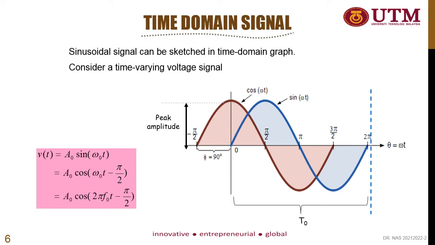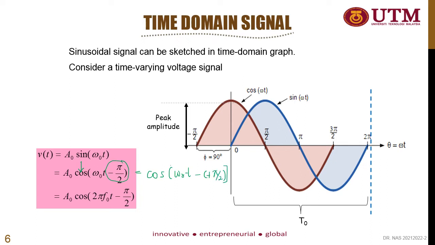So the brown graph is for cosine signal, and the blue one is the sine signal. So if you look at the equation, the sine signal is basically a cos signal that is shifted to the right by pi/2 or by 90 degrees. So the equation is cos omega naught t minus pi/2.